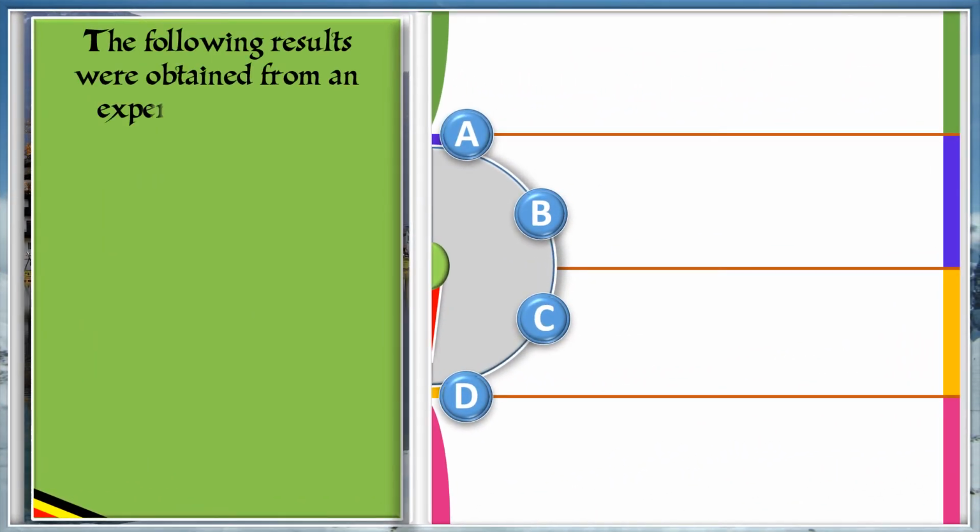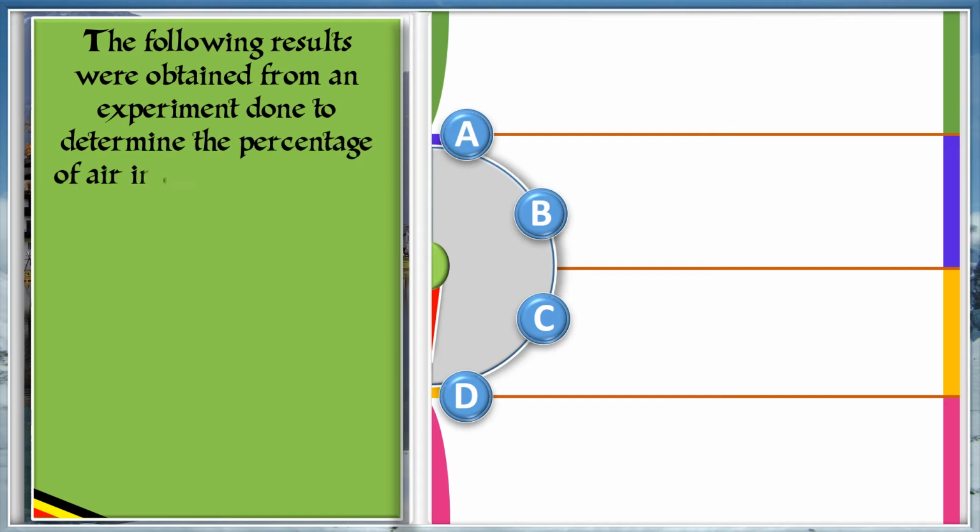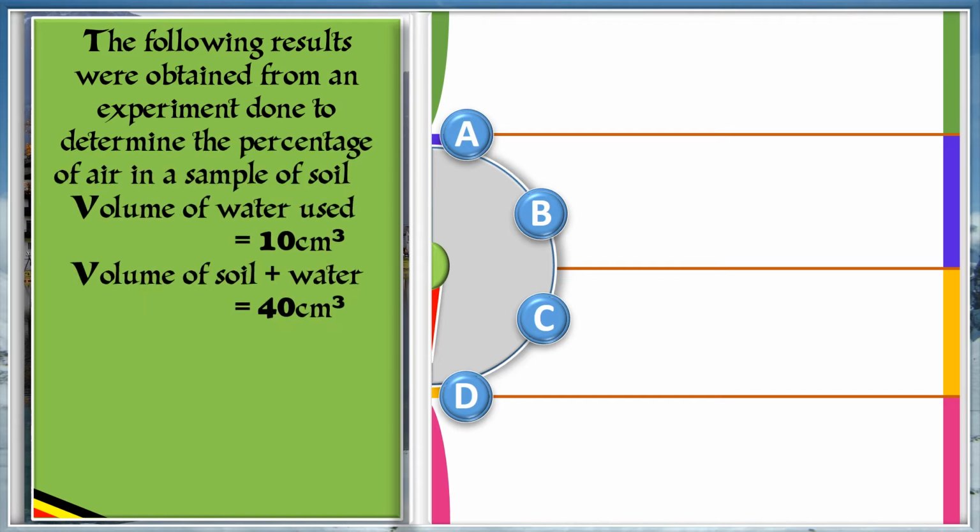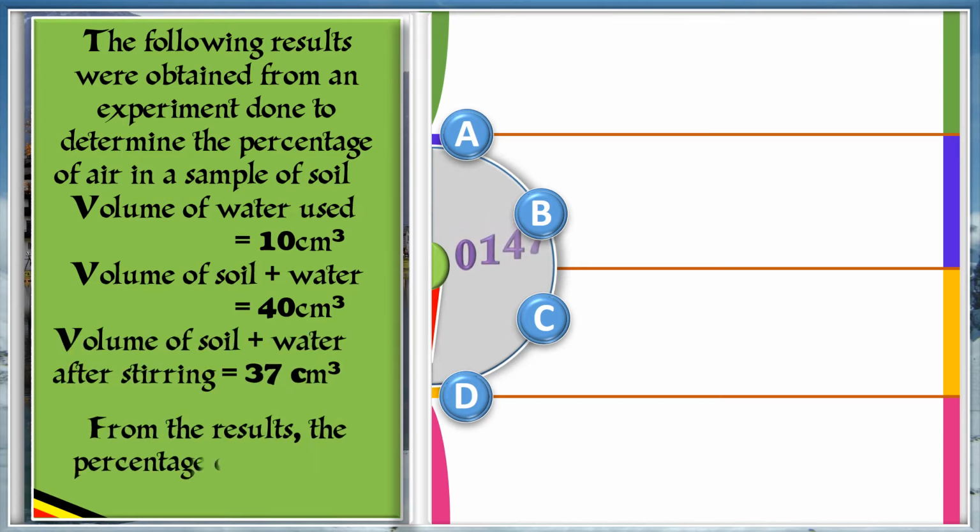The following results were obtained from an experiment done to determine the percentage of air in a soil sample. Volume of water used: 10 cubic centimeters. Volume of soil plus water: 40 cubic centimeters. Volume of soil and water after stirring: 37 cubic centimeters.